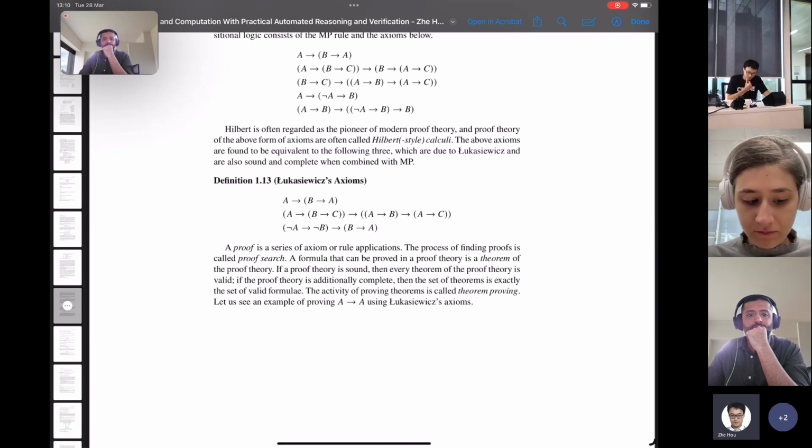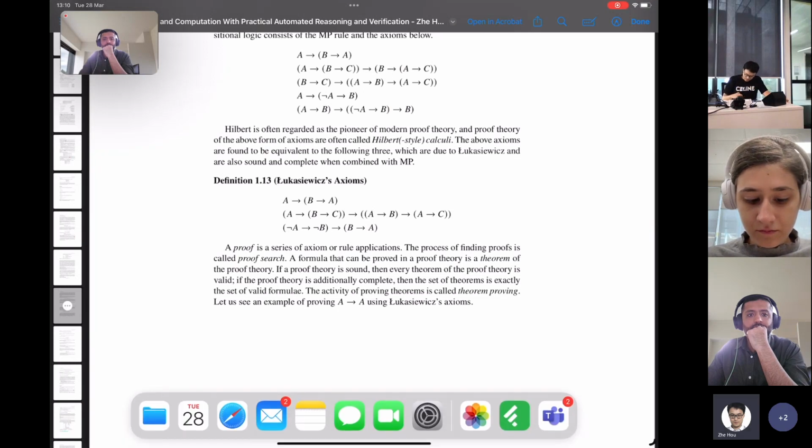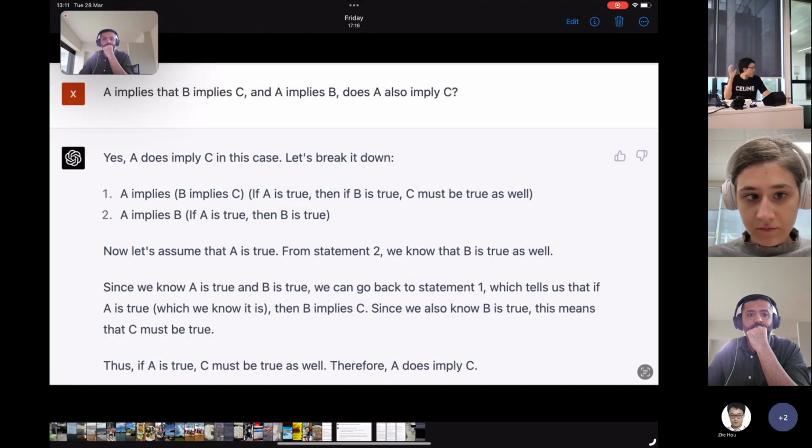That's the second one in definition 1.13. Hello, how you doing? That's okay. So GPT 4.0 again gave the right answer, and it gave the correct reasoning of how to get that answer. I was very impressed.